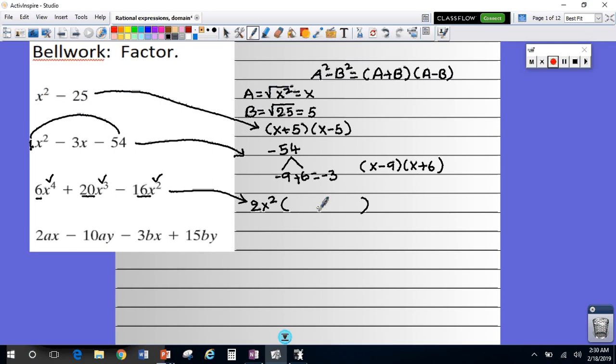Take the first term 6x to the 4th and divide by 2x square. Whatever you get goes inside the parenthesis, which is 3x square.